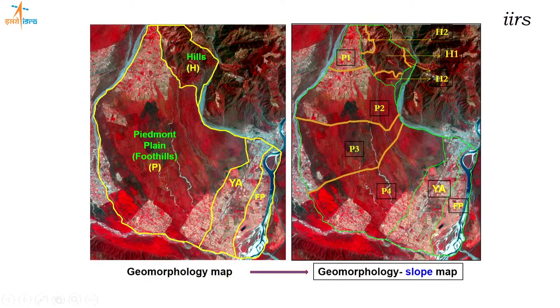So you see how hills and Piedmont plain I have divided, hills divided into H1 and H2. Here is also H2, means this is hills, this is also H2 hills, and in both the places the slope is the same. That's why I have written H2, H2.